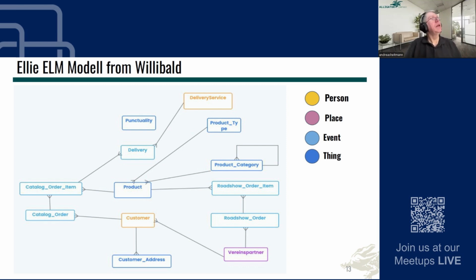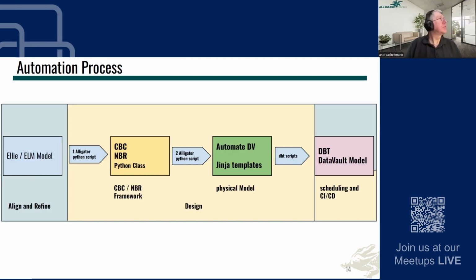In fact, then you can use an API call or export this Ellie model to a JSON, and then our Alligator Python script comes into place. In fact, here you can see an overview about the whole automation process.